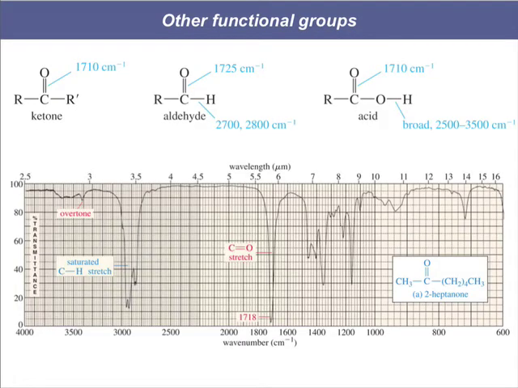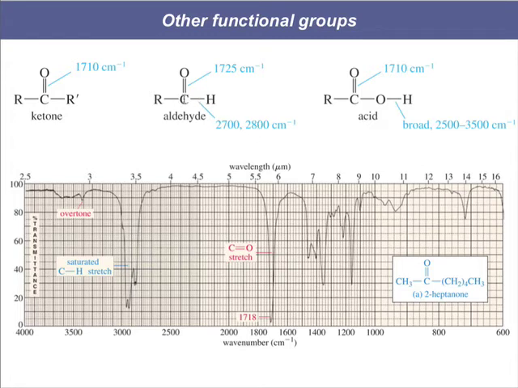Other things we'll tend to see: ketone carbonyls show up around 1710. So you'll see that right here. It's a very sharp peak, 1718. Aldehydes, you'll see our carbonyl a little bit higher, 1725, as well as a very specific CH sp2 stretch at 2700 to 2800.